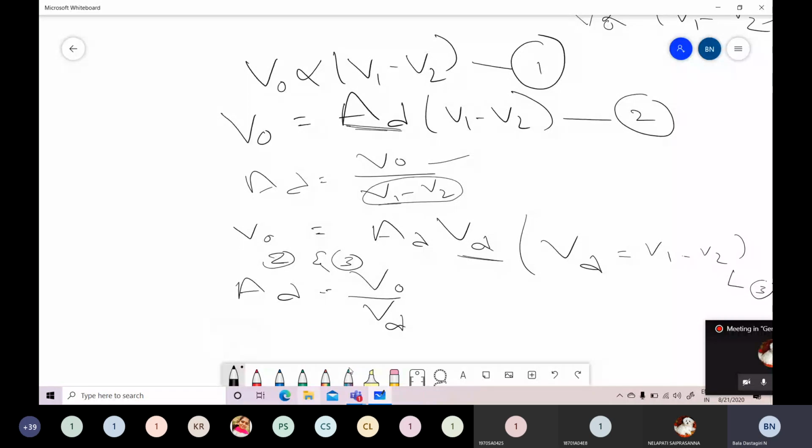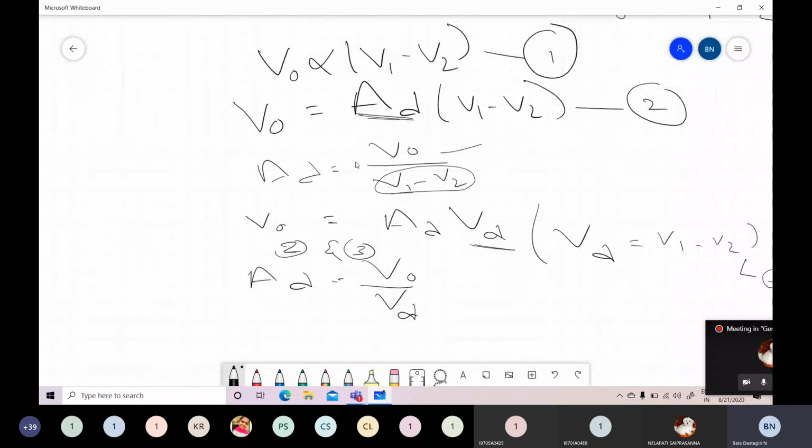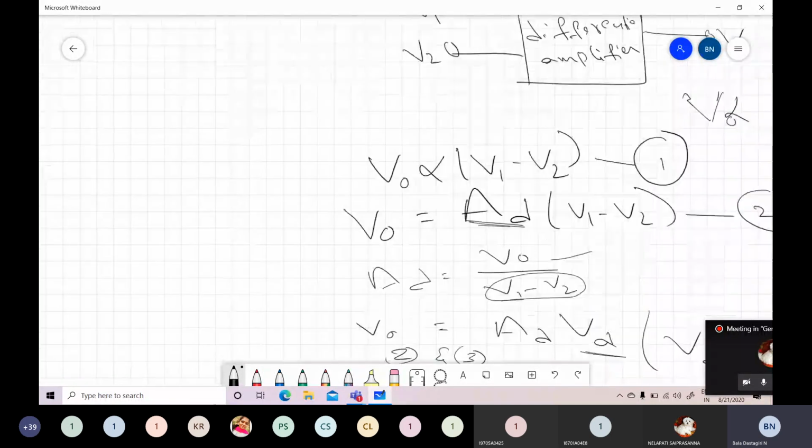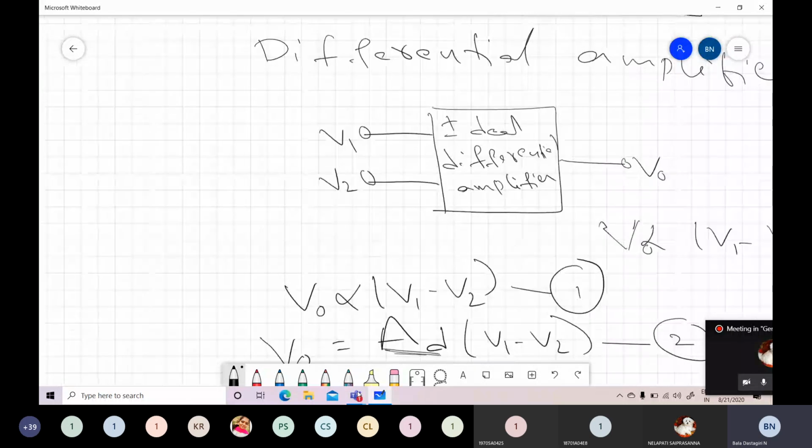A differential amplifier is the circuit which amplifies the difference between two signals. V1 and V2 are the two inputs here, and V0 is the output of the differential amplifier.